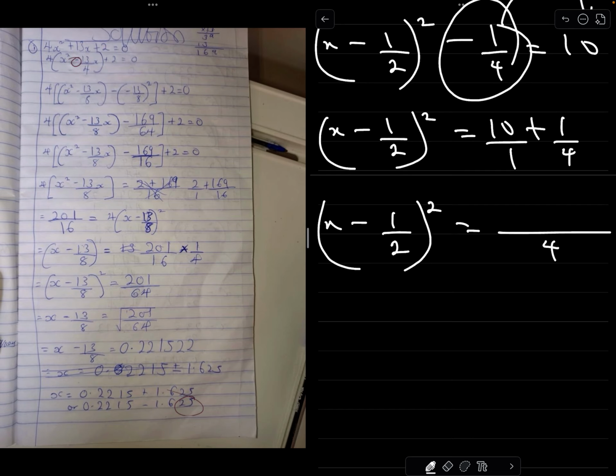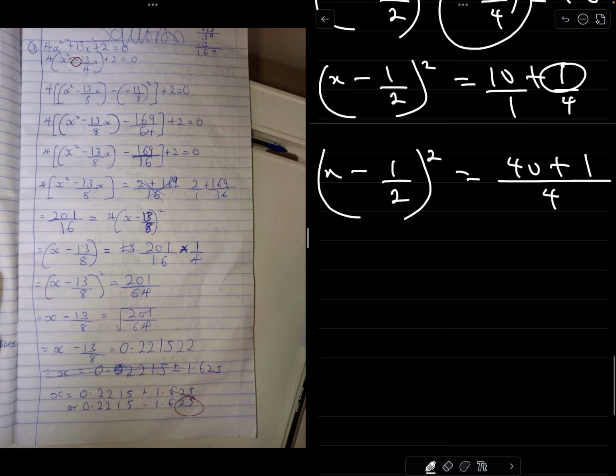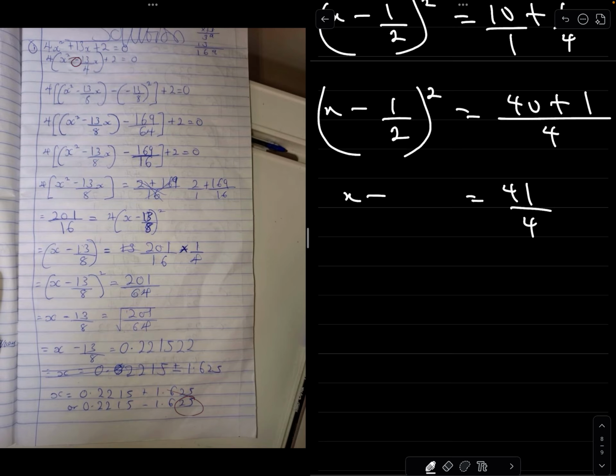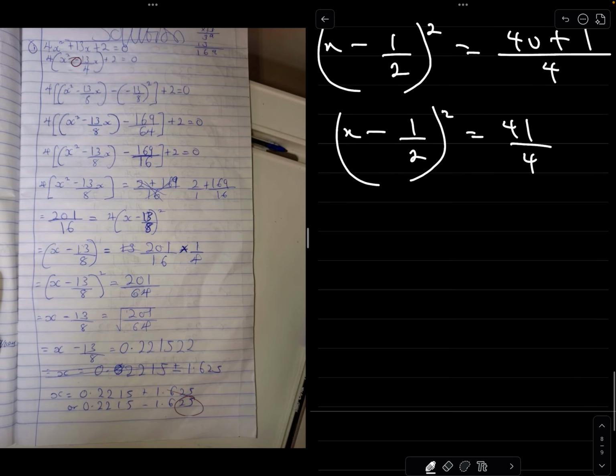The LCM of the denominators is 4. 4 divided by 1 is 4 times 10, that's 40, plus 4 divided by 4 is 1 times 1, that's 1. That simply means 41 over 4. So x minus 1 over 2 all square equals 41 over 4.